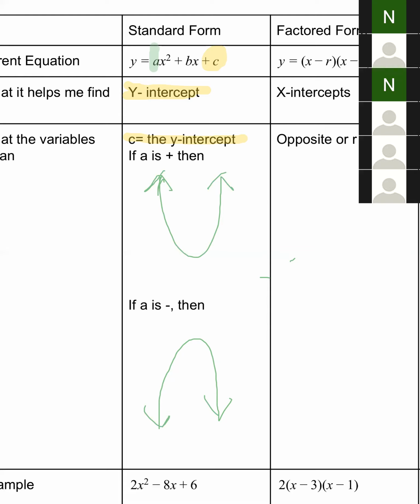Can you type that in the message? The equation? Yeah, I can put it into chat, I think. Maybe. I'm on my iPad, so I don't know if I actually can.